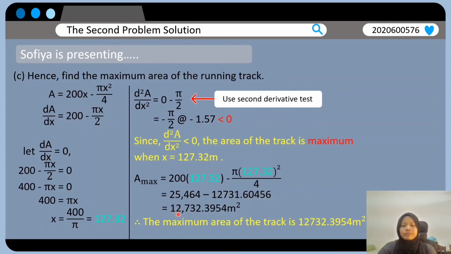It would be 12,732.3954 meters squared. So the answer is the maximum area of the track is 12,732.39454 meters squared.